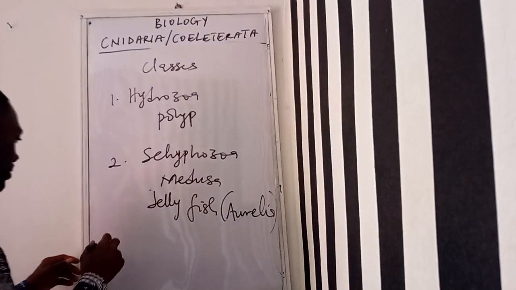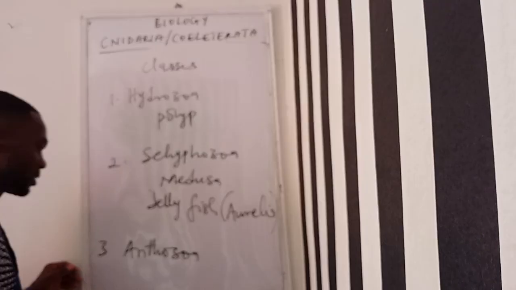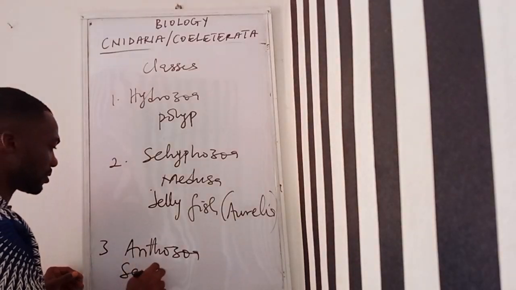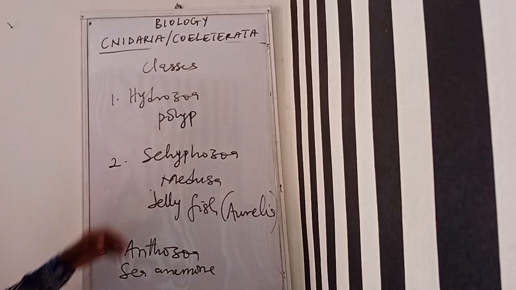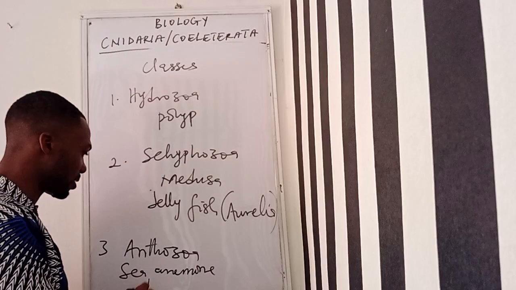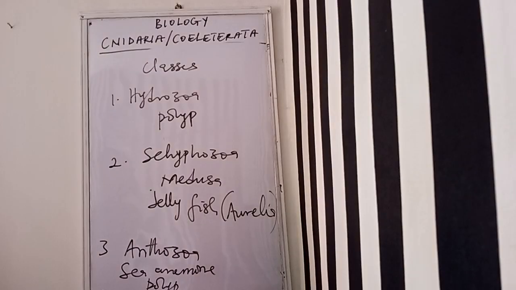Then the last one is the anthozoa. This is where you see the sea anemone. The kind of body form you see here is the polyp.